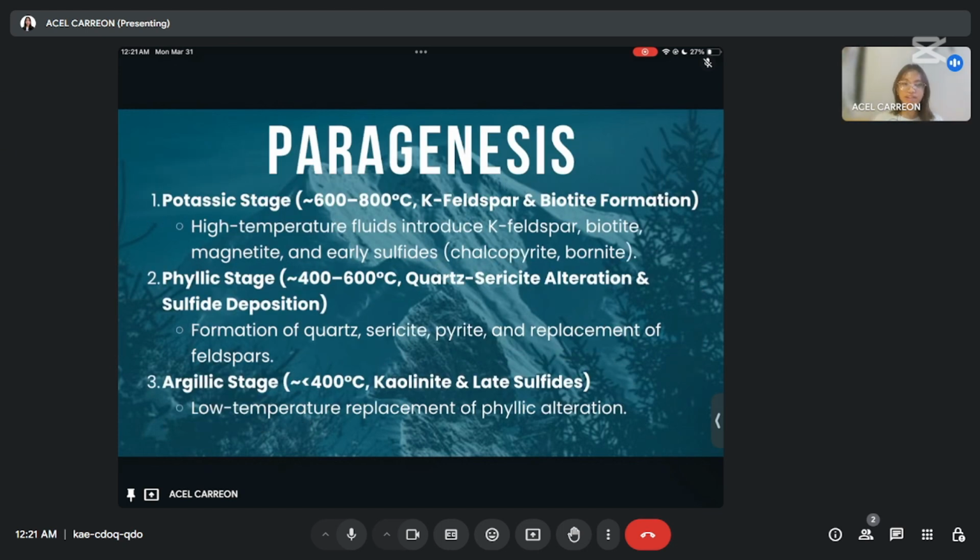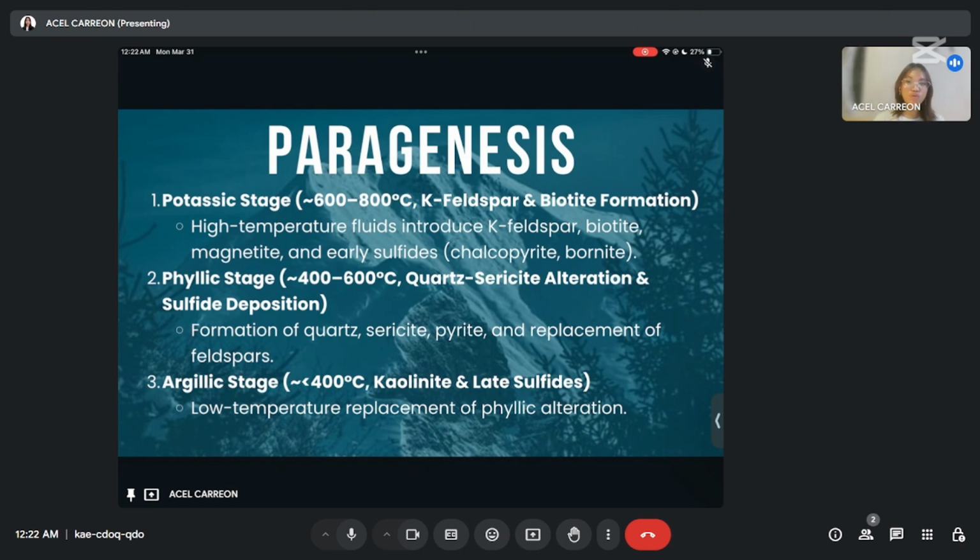For the paragenesis, we have potassic, phyllic, and argillic stage. The difference is that the potassic stage of paragenesis occurs at approximately 600 to 800 degrees Celsius, where there is a formation of K-feldspar and biotite.